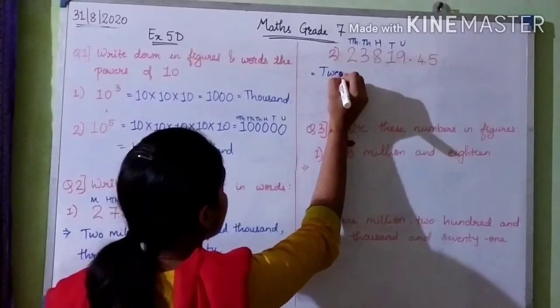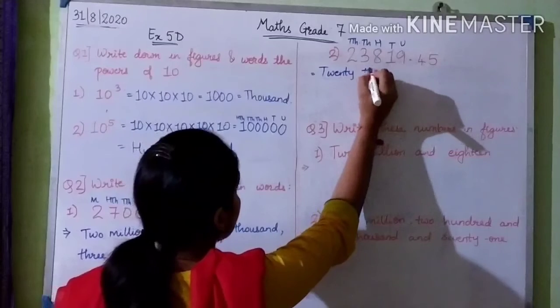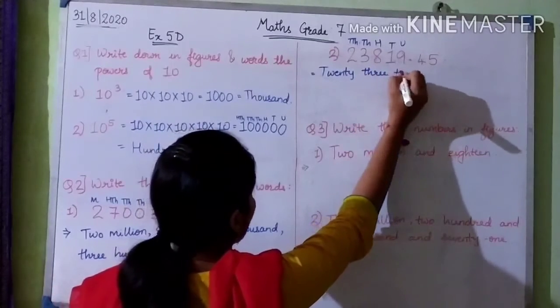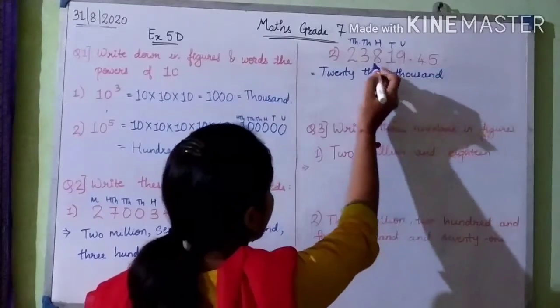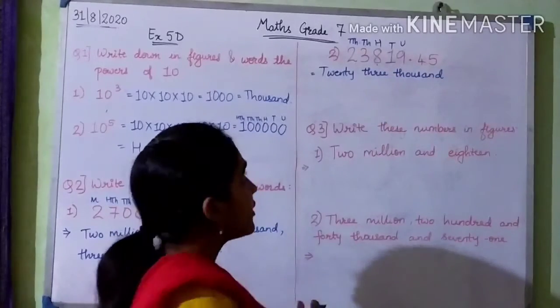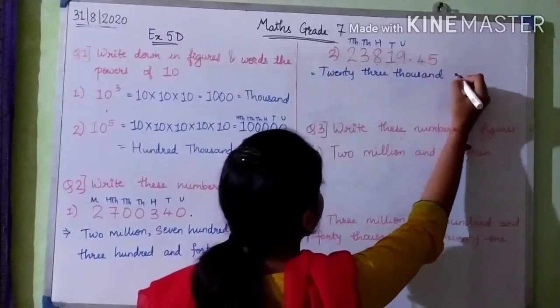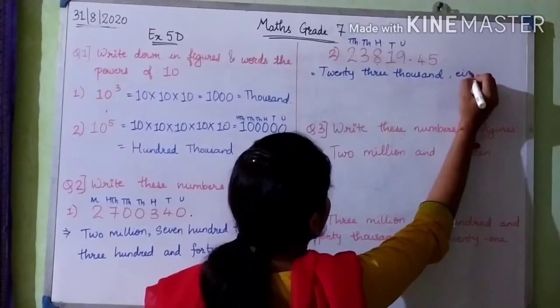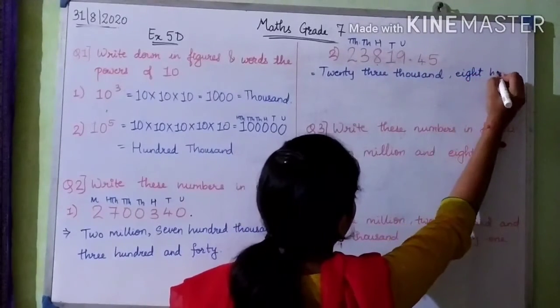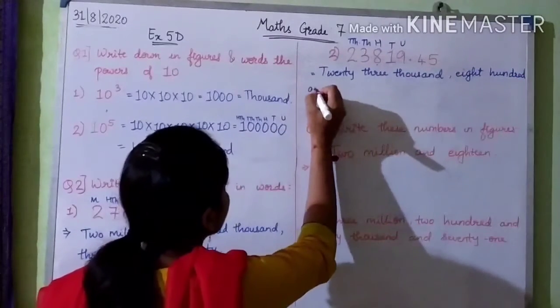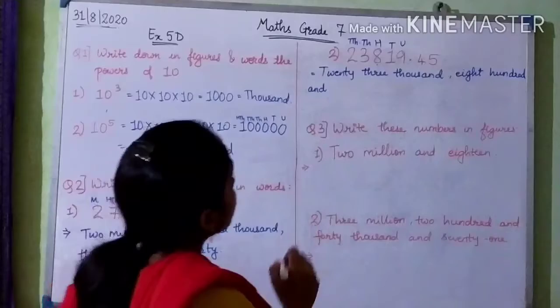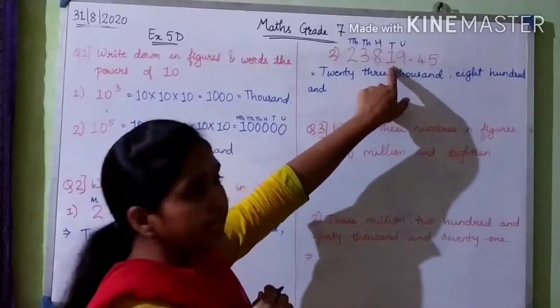So 23,000. Then the next number is 8. 8 is in hundreds place. So we write 800 and.